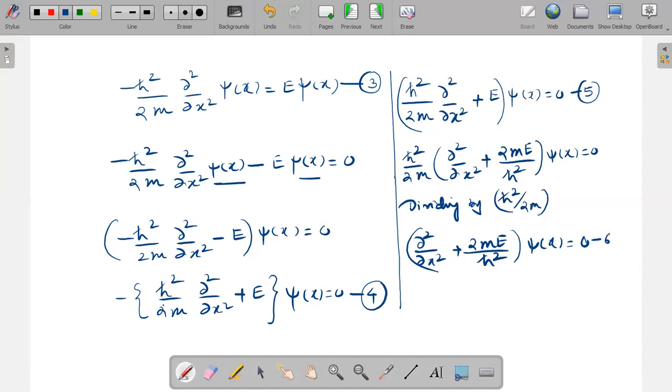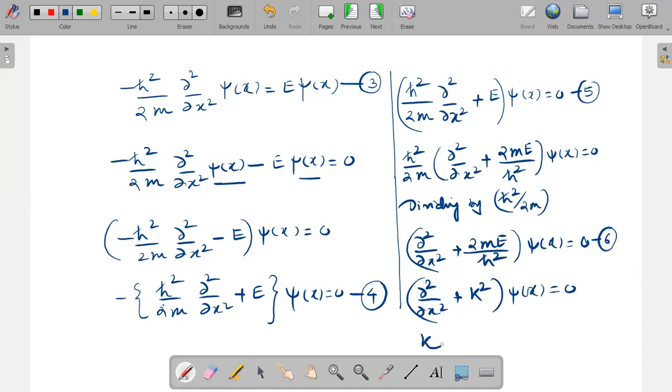This is equation number 6. Then equation 6 in terms of k, where k is the wave number, we can write as delta square upon delta x square plus k square, psi of x equal to 0.